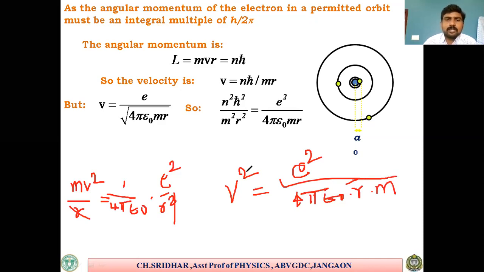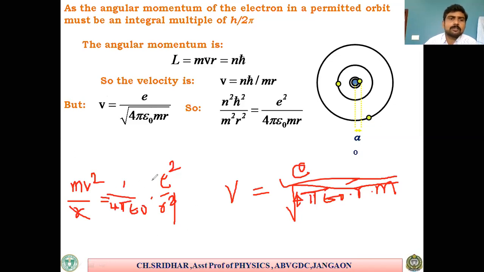To have an expression for velocity, we should take the root on either side. So v is equal to e by under root 4 pi epsilon naught into mr. This is the expression for v from the condition of equalization of the centripetal force and the electrostatic force of attraction, and the other is the condition from the orbital angular momentum, which is quantized.